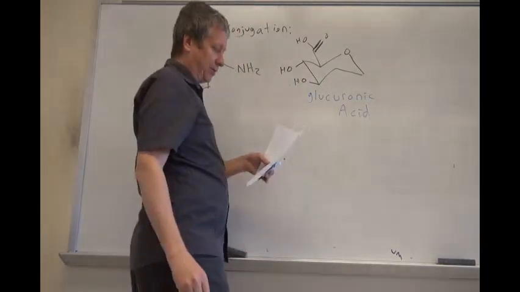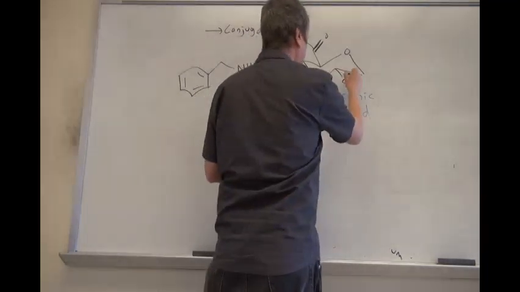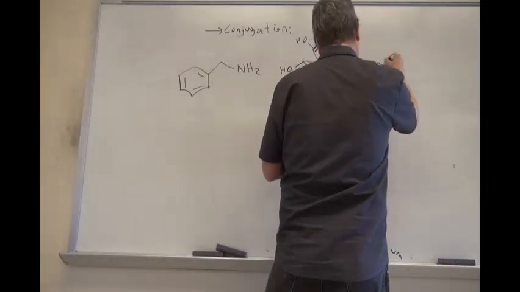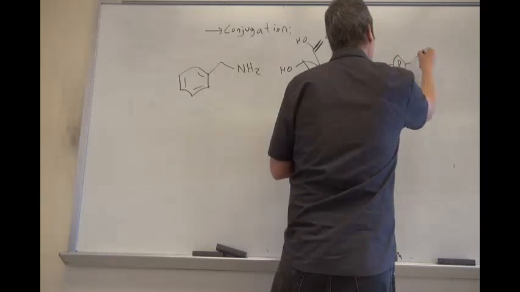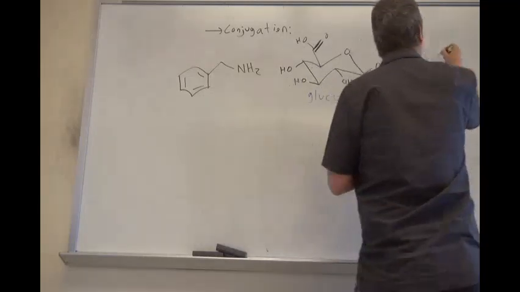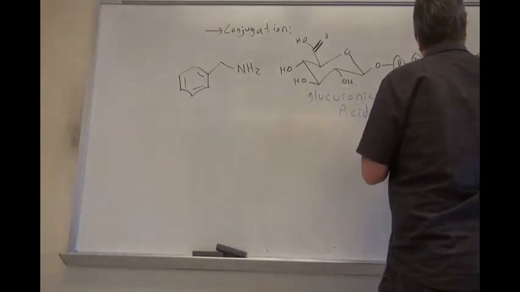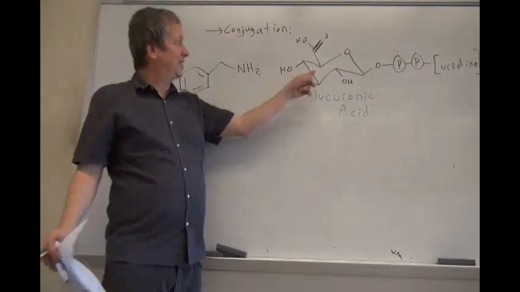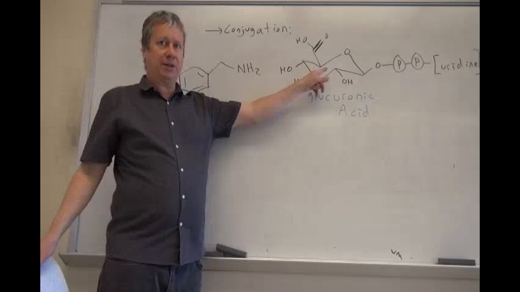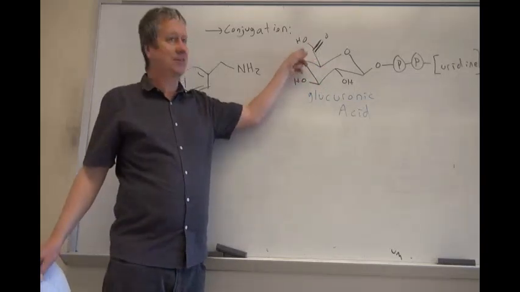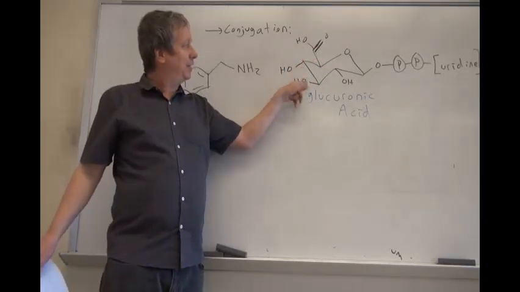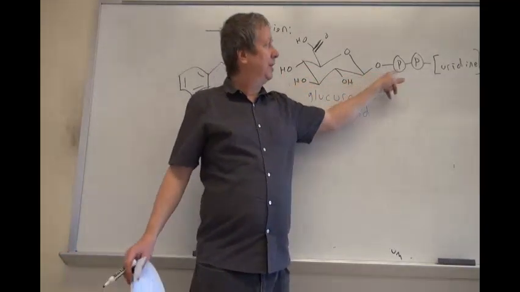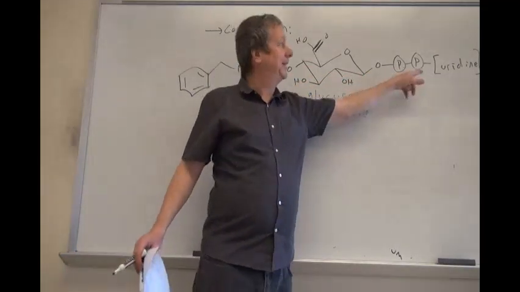Then it's decorated with hydroxy groups all around. So we have the 6-member ring with the oxygen in it, so it's like a sugar, right? With the carboxylic acid up top, hydroxy, hydroxy, hydroxy. Then you have an oxygen, a couple phosphates, and uridine.